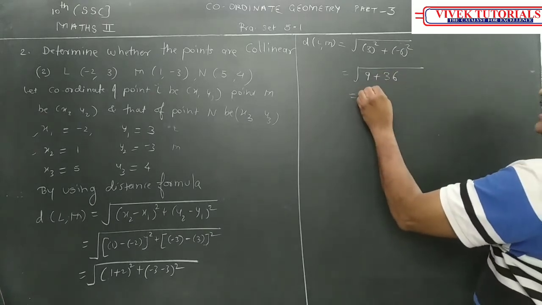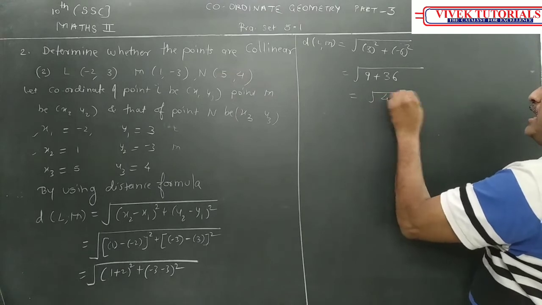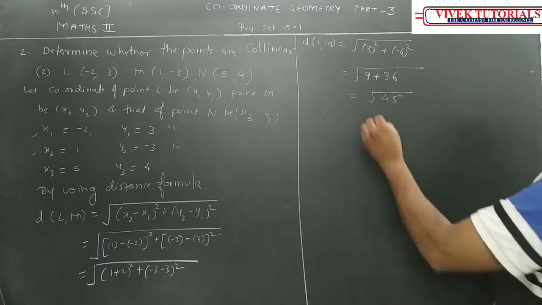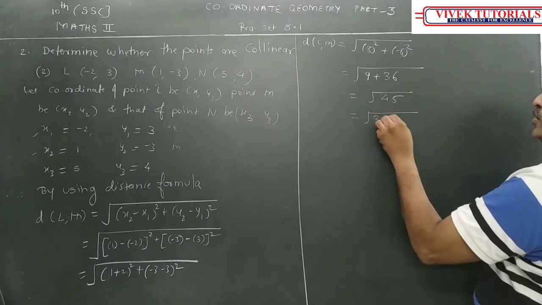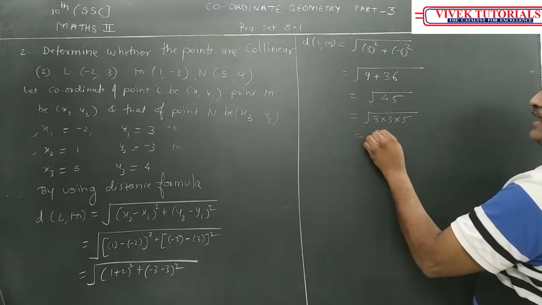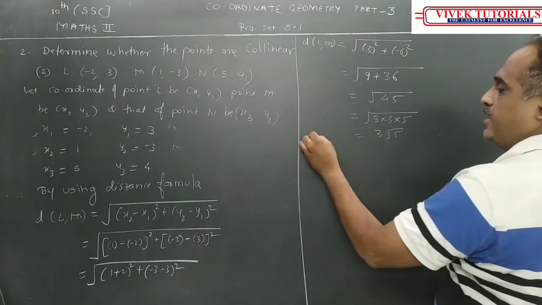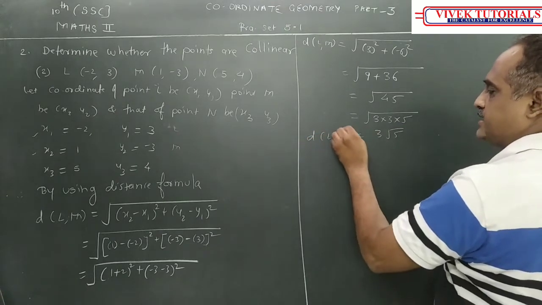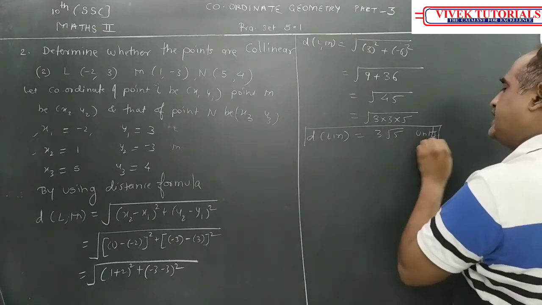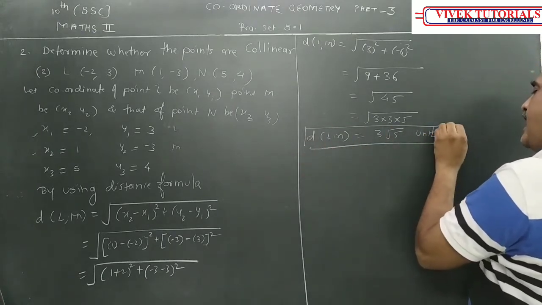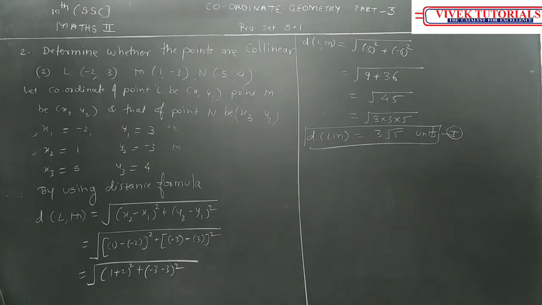So we are getting 45. 45 को हम लोग लिख सकते हैं 3 into 3 into 5, that is 3 root 5. So distance LM is equal to 3 root 5 units, and that we put in as equation 1.